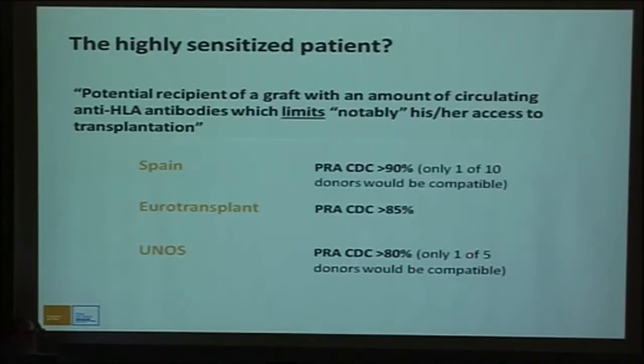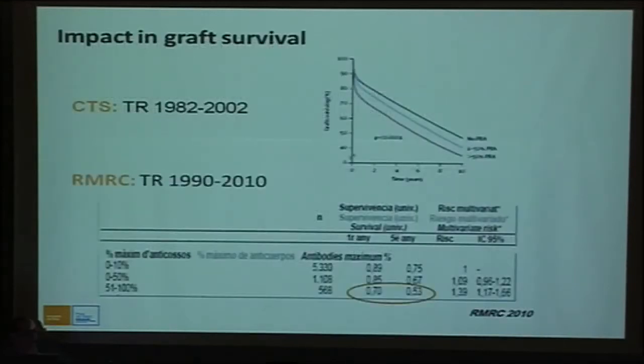Only 1 out of 5 donors would be compatible. So this is 20% compatibility, this is 10%. And Eurotransplant is a European organization with 7 countries. Spain is not in Eurotransplant; we have our own programs, our own donor procurement system, etc. But Eurotransplant, a joint of 7 countries, has this 85% definition.